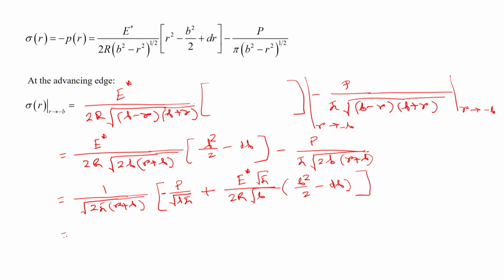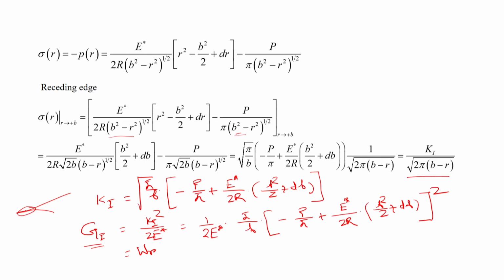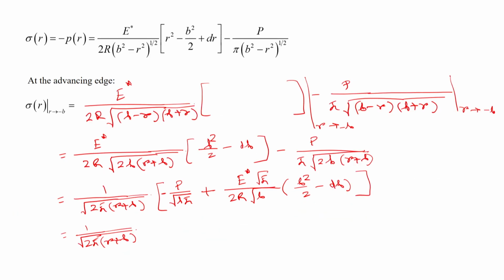So, here this term can be written somewhat differently, 1 by square root of 2 pi into r plus b, and let us say I write it here square root of pi by b. Did I write it earlier like this? Square root of pi by b, right.